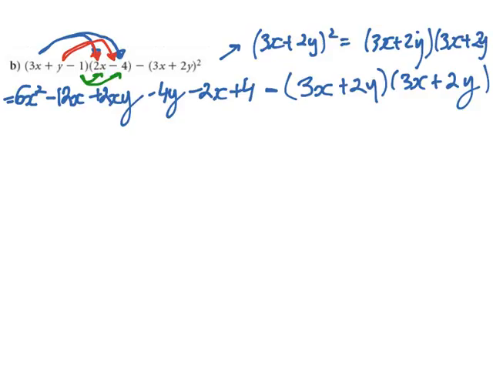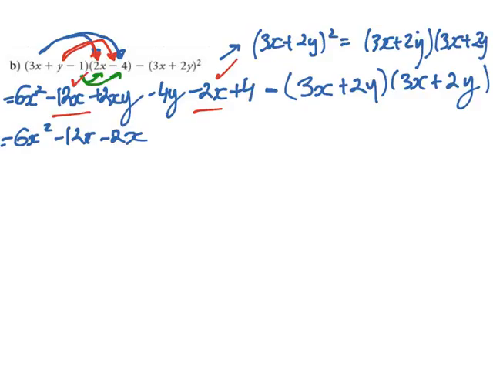In this case, I've noticed that the negative 12x and the negative 2x are common, so I'm going to put them together. 6x squared minus 12x minus 2x. And then give myself a little check mark so that I've used them.